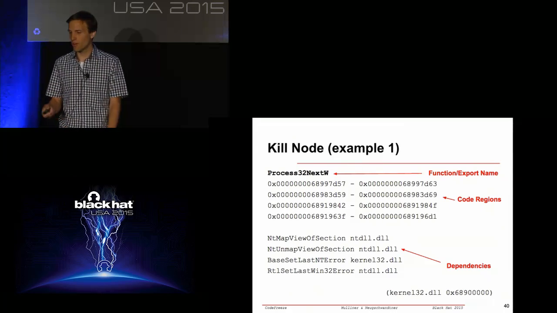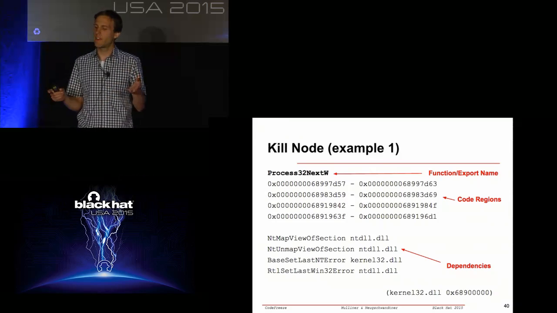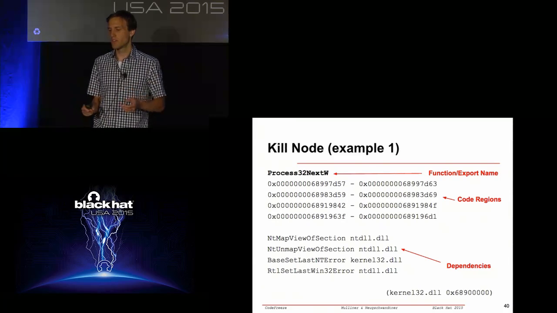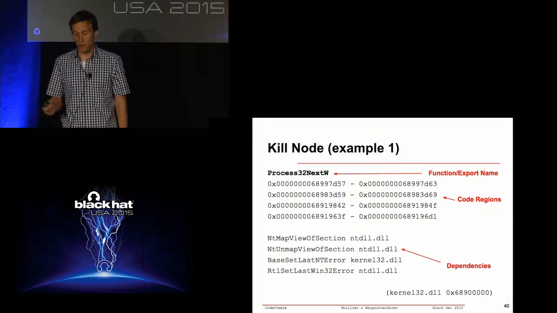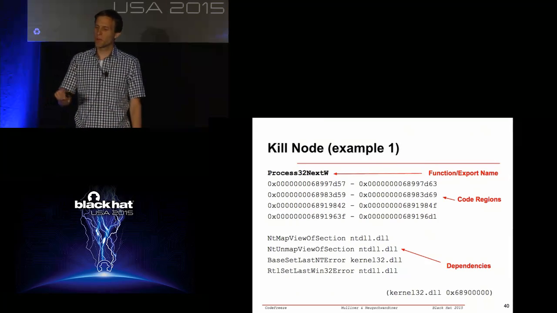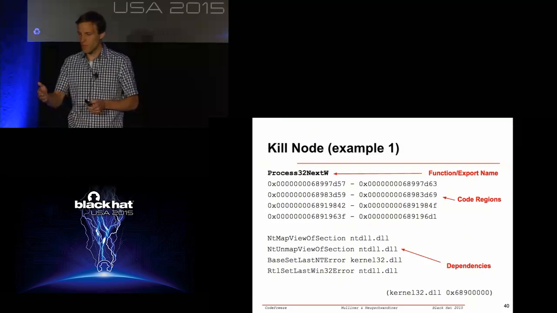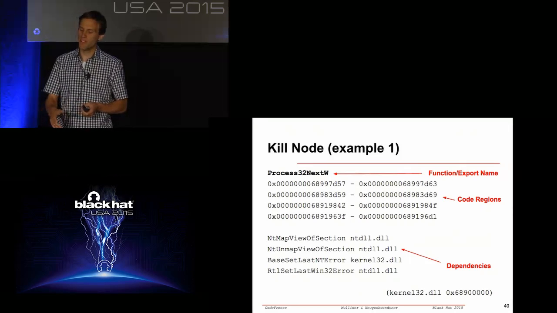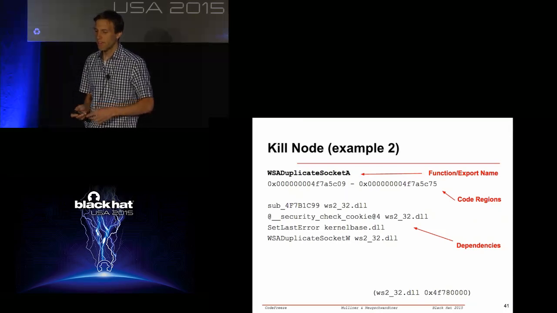The DLL is kernel32. Then at the top, we see the code regions within the DLL that this function uses, so that we know exactly, okay, these are the parts that we can strip or that we don't strip. And then below that, you see the external dependencies. For example, Process32Next depends in NTDLL on NtMapViewOfSection.